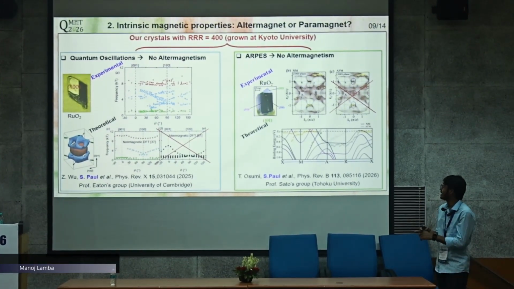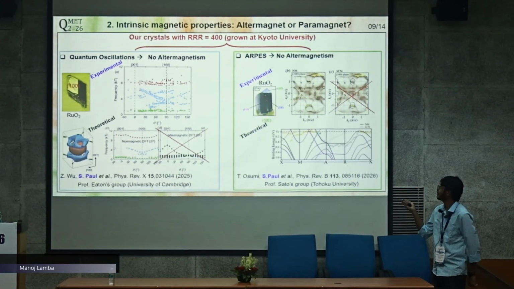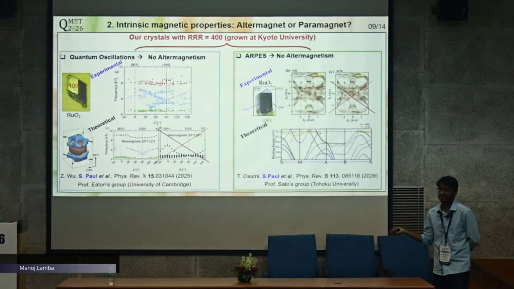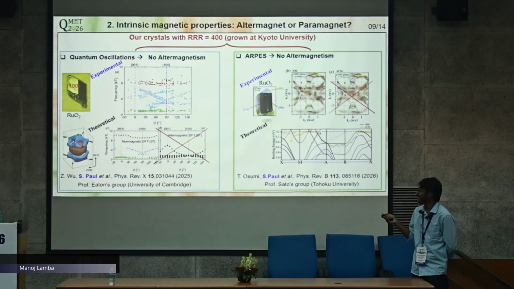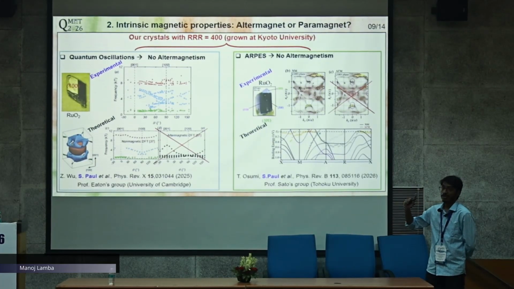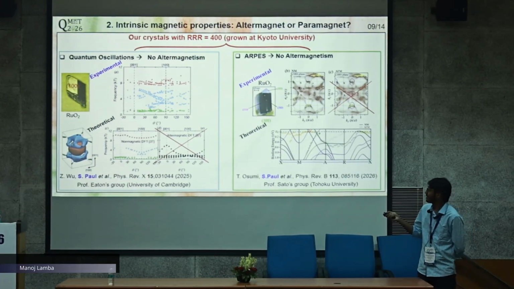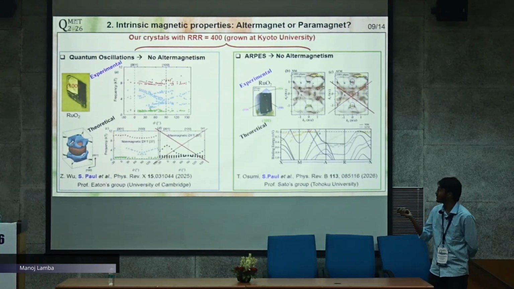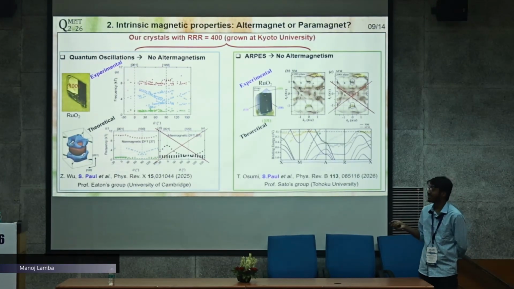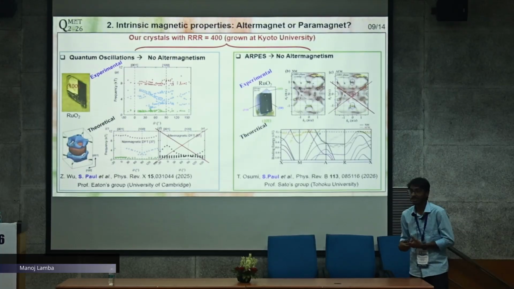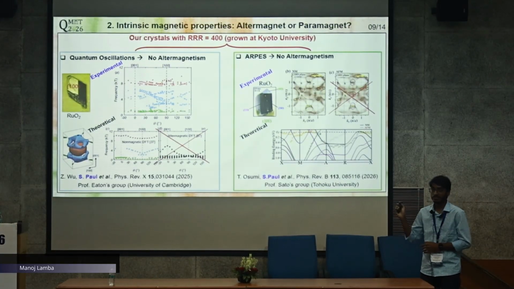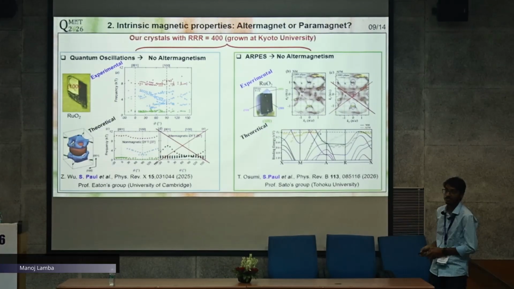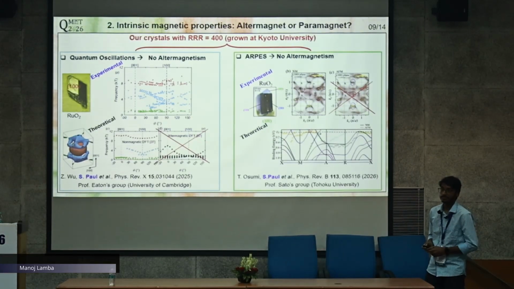So this experimental data and theoretical data closely match for the paramagnetic system, and similarly in the quantum oscillation measurement, when the field is applied from the 100 to 001 direction, whatever Fermi surface we obtain nicely matches the theoretical calculation for the paramagnetic system. So these are the two vital confirmations. So this high quality RuO2 single crystal is a paramagnet.